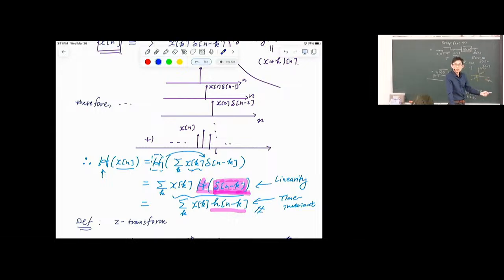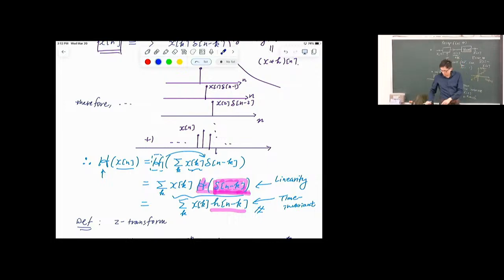We only need to calculate a convolution. We need to convolve the input with our impulse response, which you may be able to measure. Convolve h and x, then you get the output y.